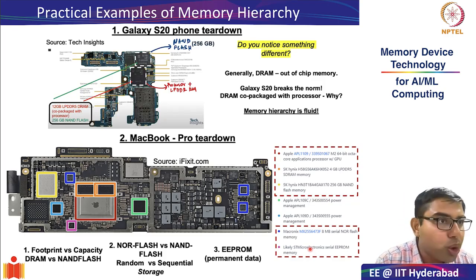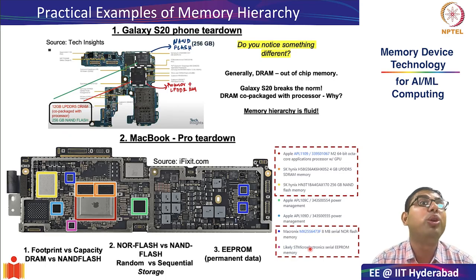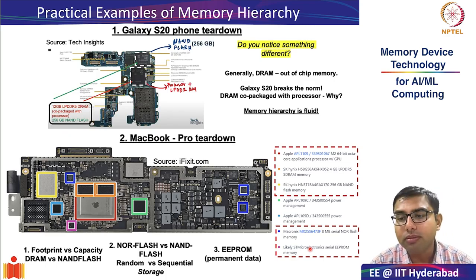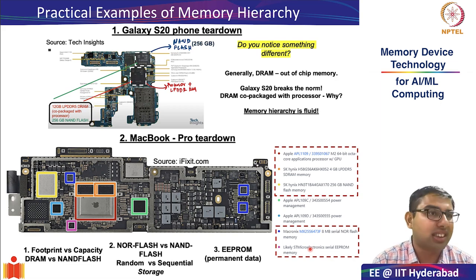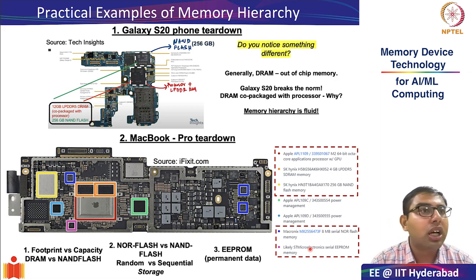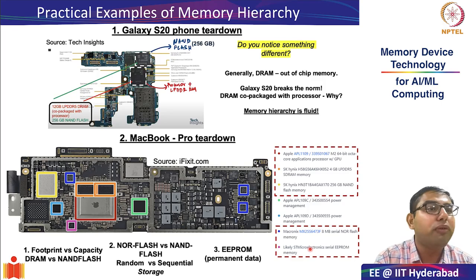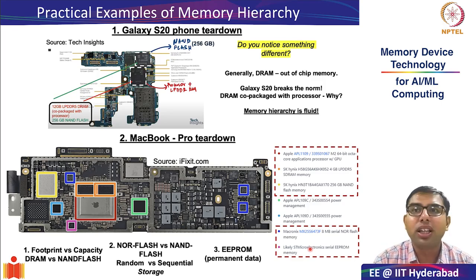But since we have come to it, let us discuss why you need read-only memories. As the name suggests, read-only memories are those kind of memories from which you can only retrieve data. You cannot write data. So essentially, the application space is some security codes or some essential features of the chip that you want to hard code.